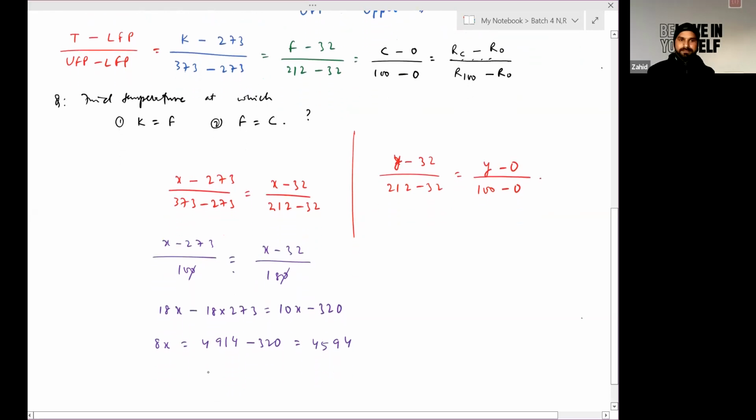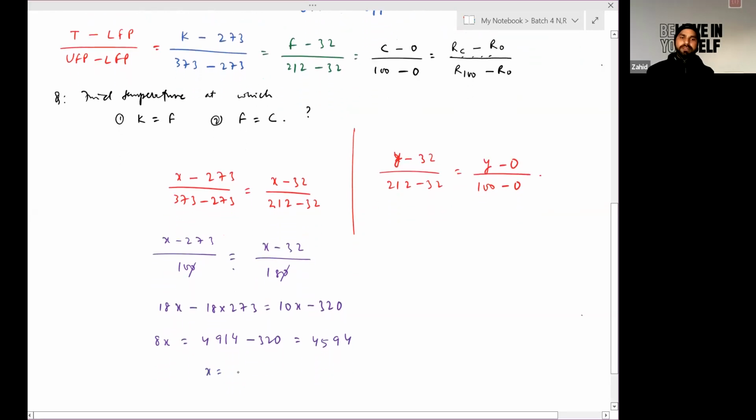So x equals 4594 divided by 8, which is 574.25.